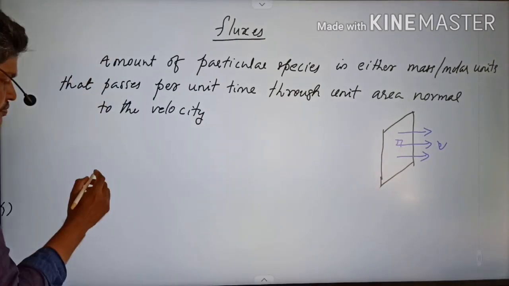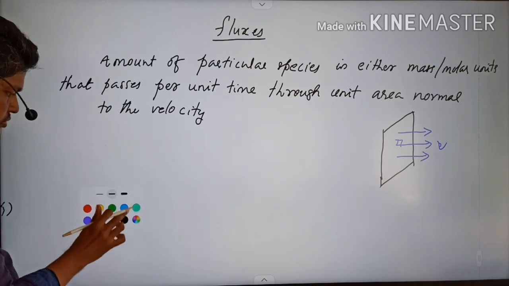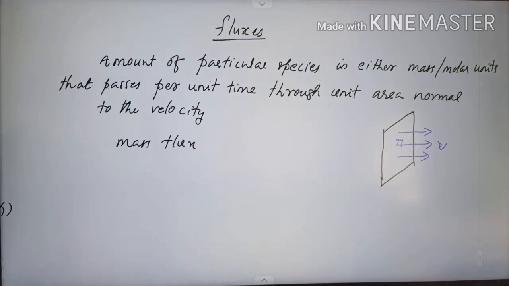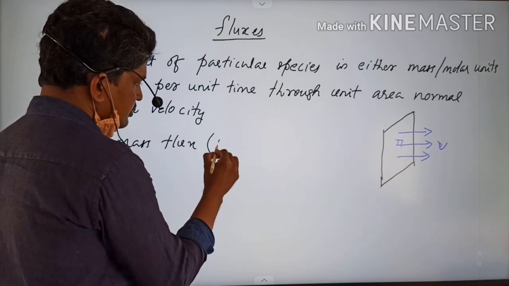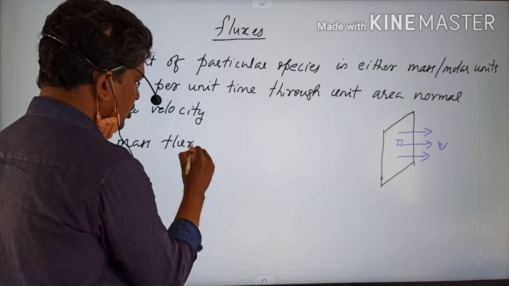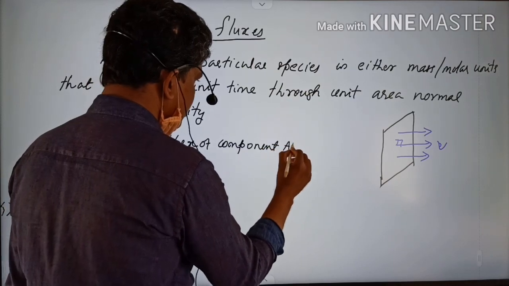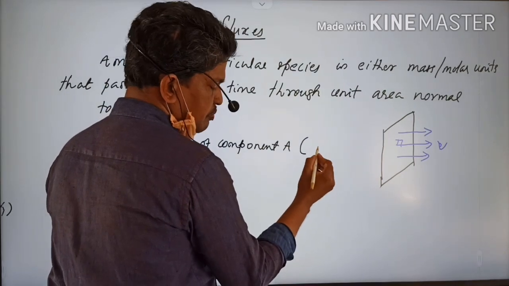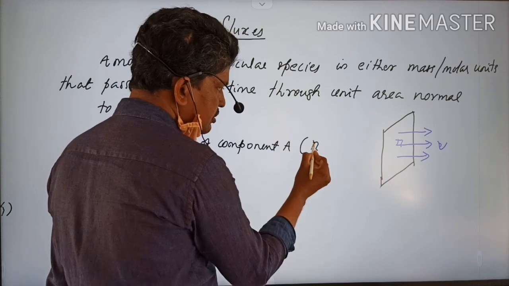So the mass flux is expressed as small n, mass flux of component A. It is represented by a small bold letter.